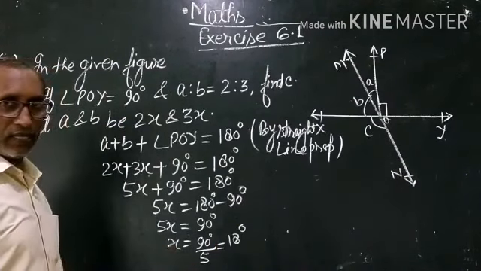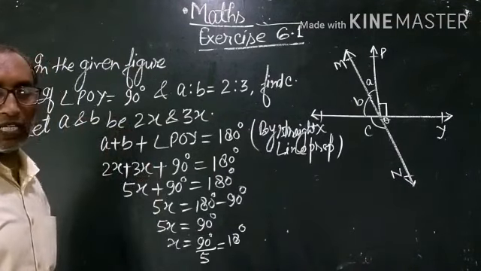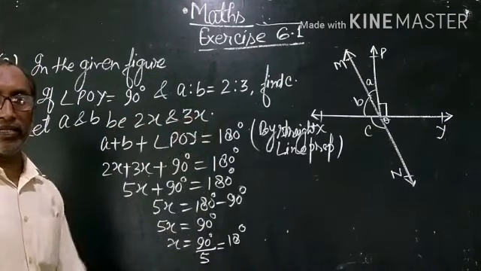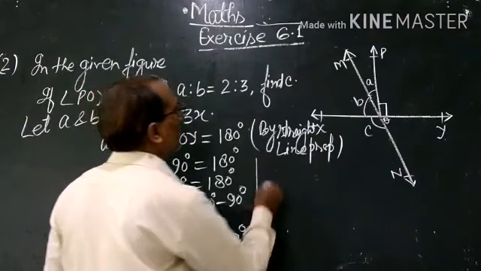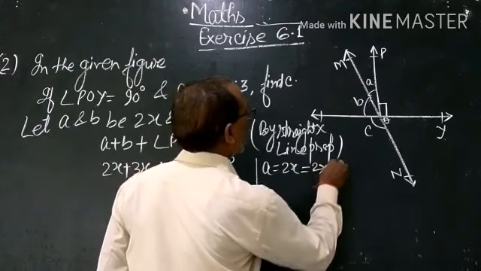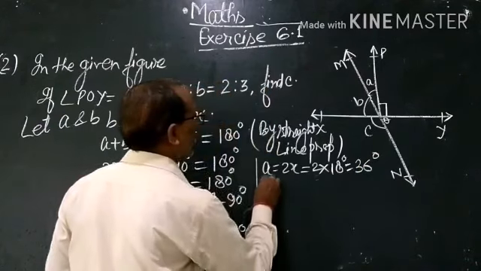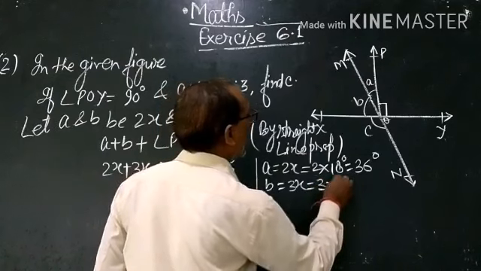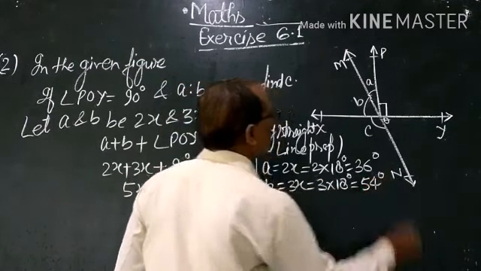You get the value of x, then you find out the values of A and B respectively by putting the value of x in 2x and 3x. Then you write down here, A is equal to 2x is equal to 2 into 18 degrees, that is 36 degrees. B is equal to 3x is equal to 3 into 18 degrees, that is 54 degrees.